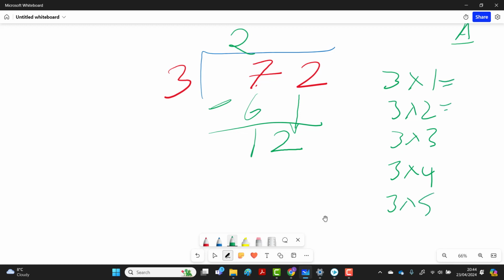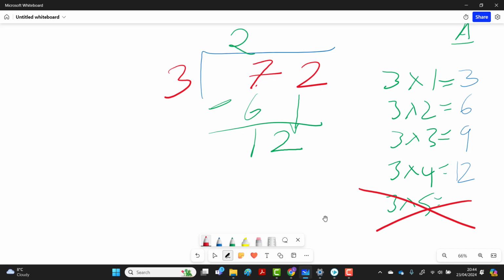I'm going to put the answer in blue. 3 times 1 is 3, 3 times 2 is 6, 3 times 3 is 9, 3 times 4 is 12. I've reached 12. So as soon as you reach 12 or above, you have to stop.